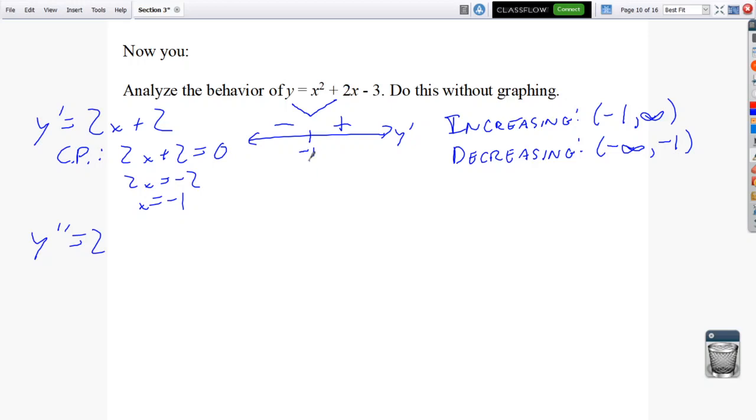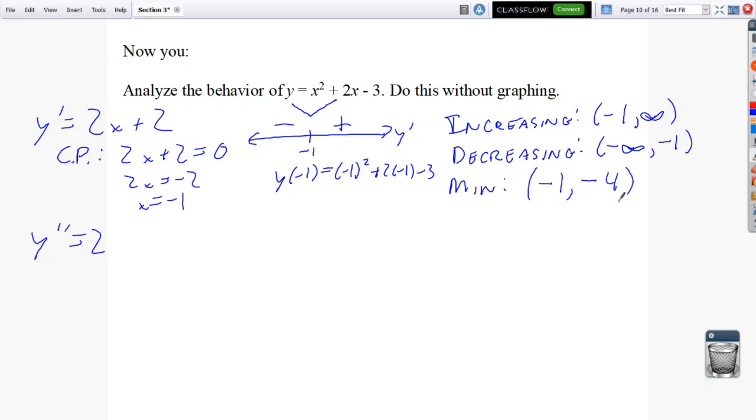If I find out what y of -1 is, I have -1 squared plus 2 times -1 minus 3. Let's see, 1 minus 2 is -1, minus 3 is -4, so -4 is my minimum. So I have a minimum value at -1, and the minimum value ends up being -4.